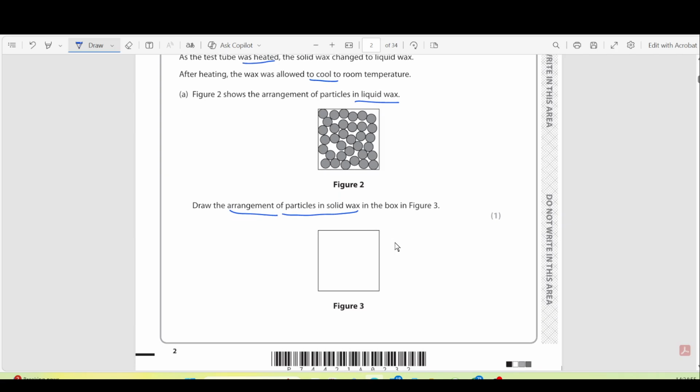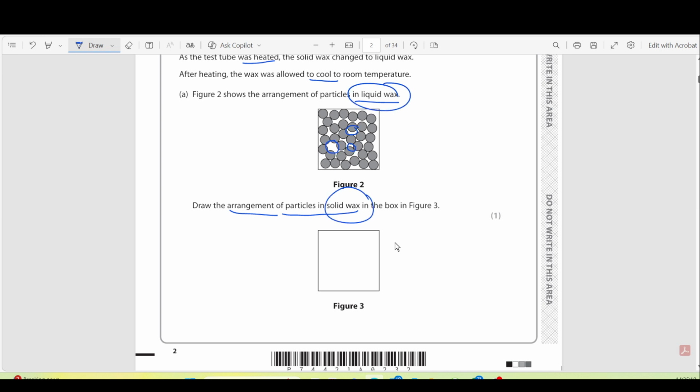Basically, we know particles are arranged in a solid very tightly. So there should be no large gap between the particles. As you can see here, liquids are also arranged closely, but there is a gap between them, right? Here you can see gap because this is liquid wax.